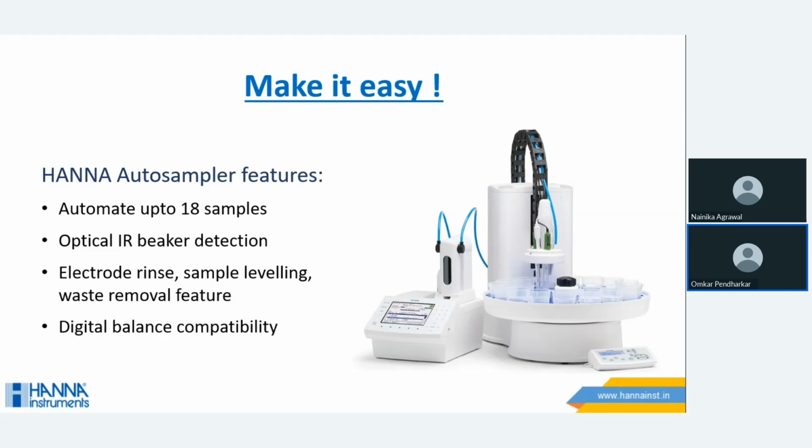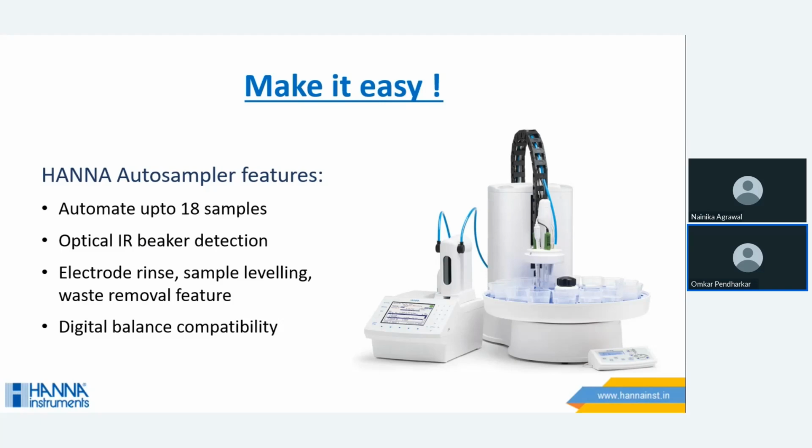Then in the auto sampler, there are the features for electrode rinsing, sample leveling, and waste removal. So these processes can be completely automated. So in between the analysis, the electrode rinsing can be performed automatically by the titrator commanding. So you can create a sequence for the analysis of multiple samples, and these samples can get analyzed in the single run.